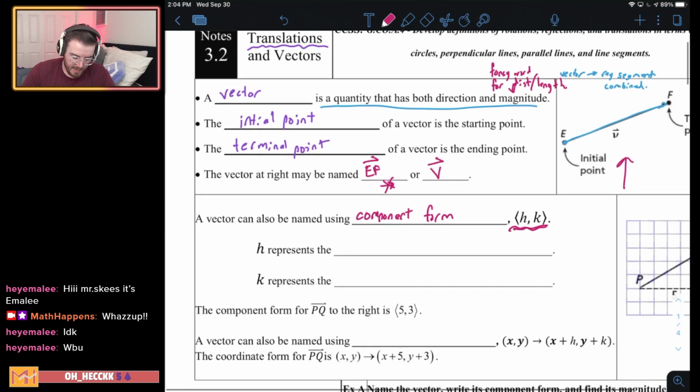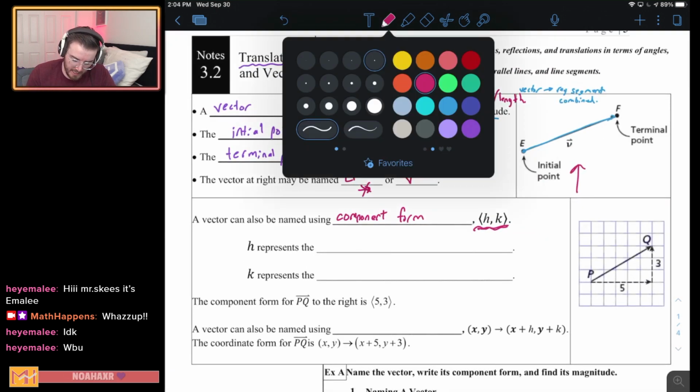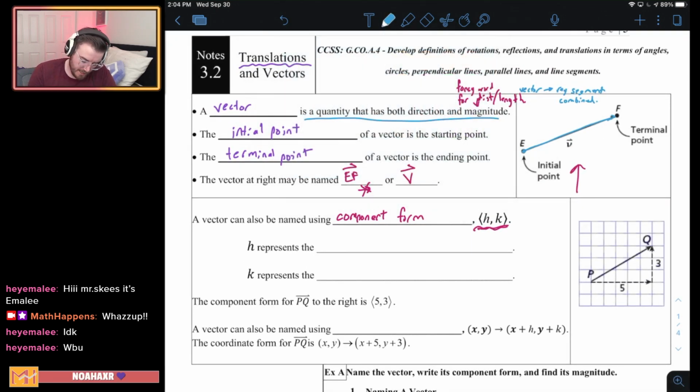Think of a vector as directions. I don't really have a lot of room to write that, but think of vectors as directions, okay? It's directions on how to get somewhere. You're going to go up this much, right this much, left this much, down this much, right and down, up and down, left and up, left and down, whatever the combination is, it's directions on how to get somewhere.